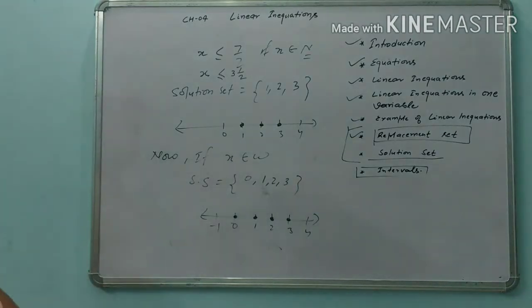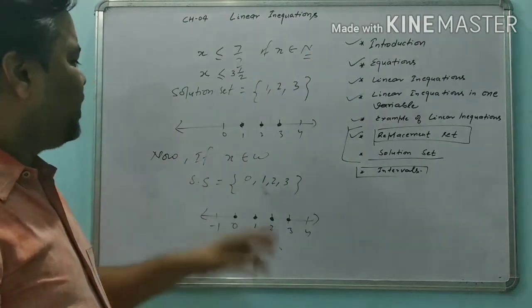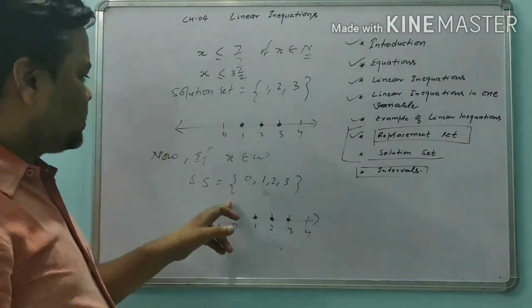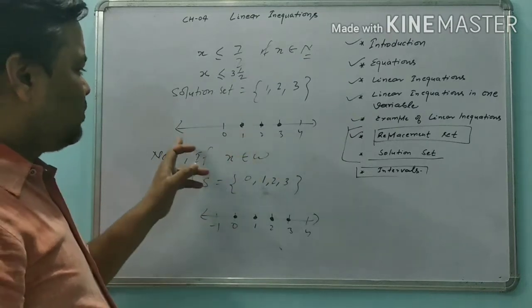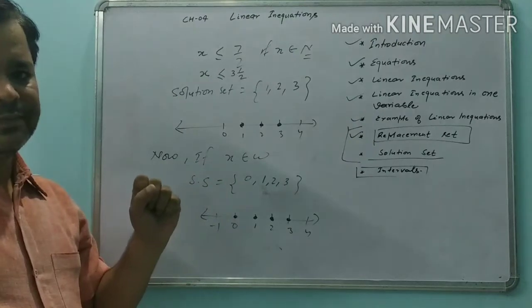Okay, according to the situation when x belongs to natural number and when x belongs to whole number, our solution set in both conditions and the representation of the solution set on the number line both are changed.